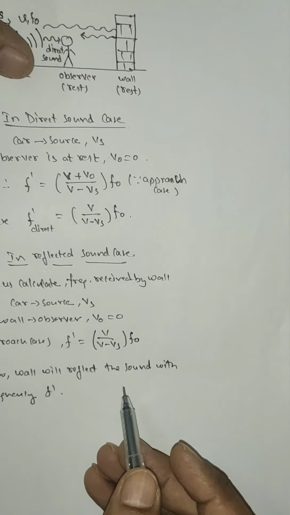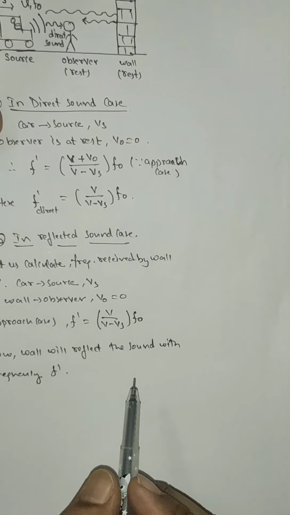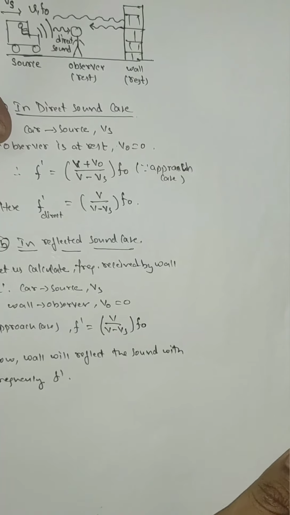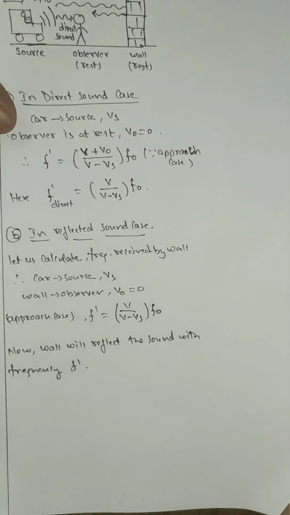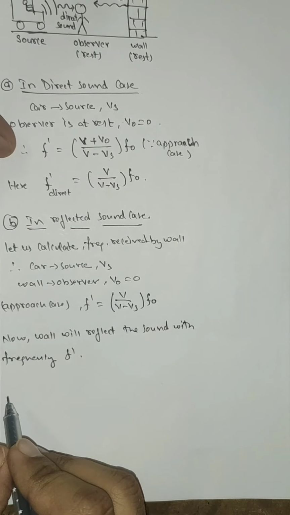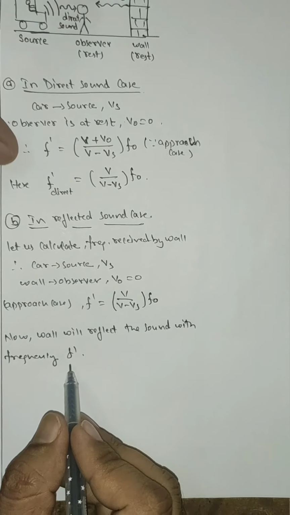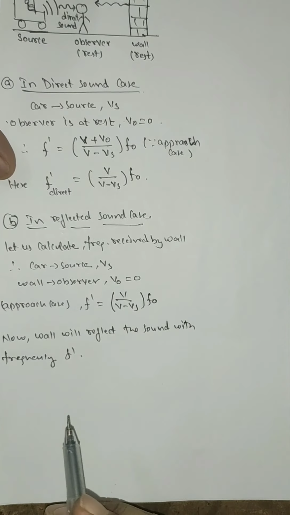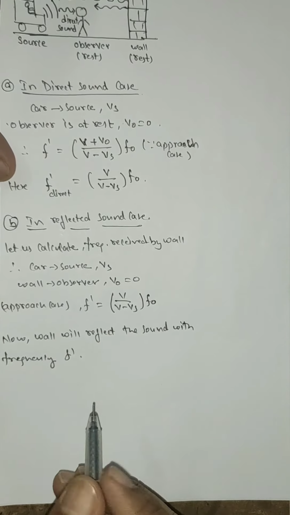Now the observer will receive the sound with a different frequency other than f prime, right, because it is reflected here. So let us see whether it is the same or not.